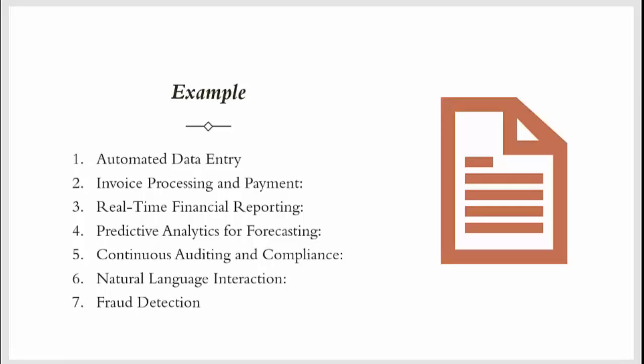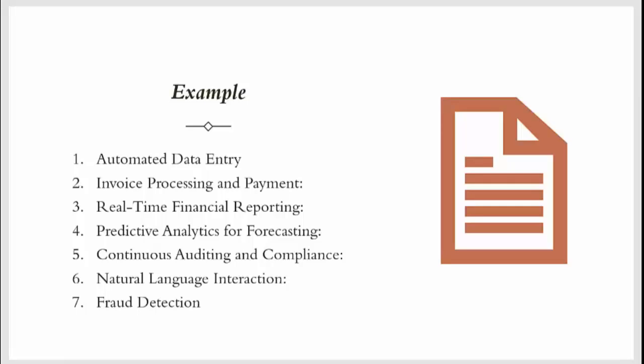5. Continuous auditing and compliance. The AI system continuously monitors transactions for compliance with financial regulations. It automatically flags any suspicious activities or discrepancies for further review by the auditor. 6. Natural language interaction. The business owner can ask the AI-powered virtual assistant questions like, "What were our total sales last month?" or "Generate a profit and loss report for the last quarter."